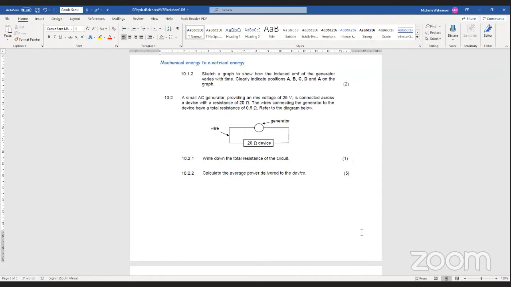The wire connecting the generator to the device has a total resistance of 0.5 ohms. Refer to the diagram below. 10.2.1, write down the total resistance of the circuit. Okay, so total resistance of the circuit.